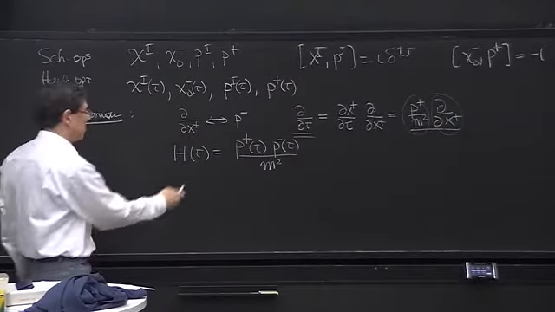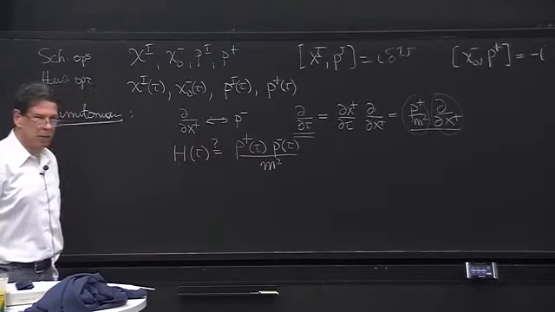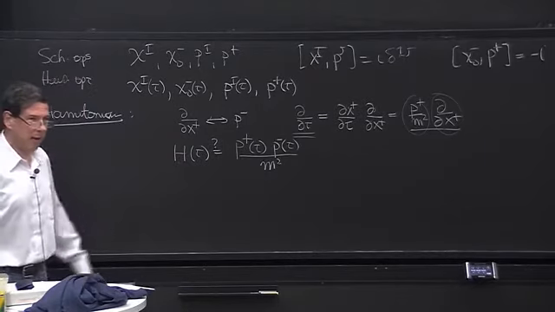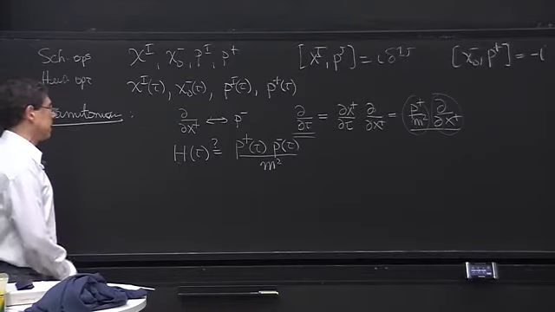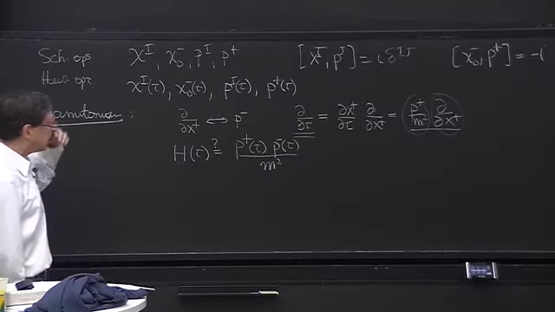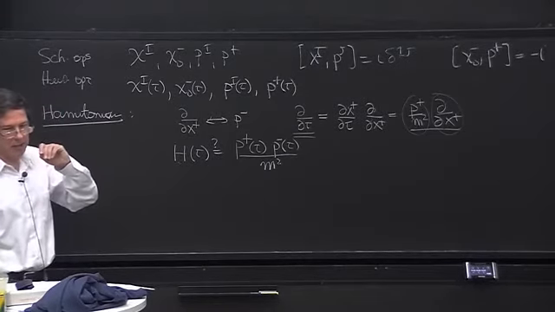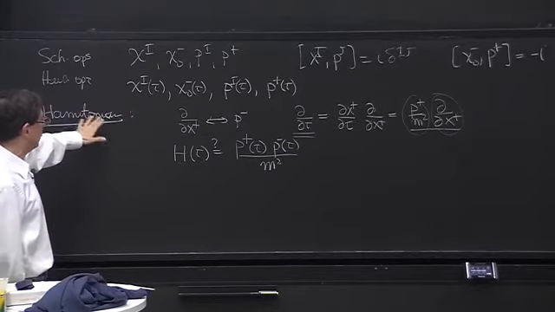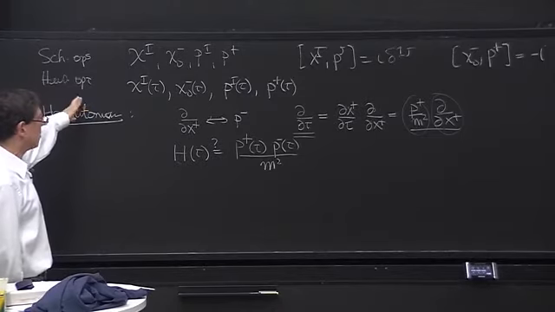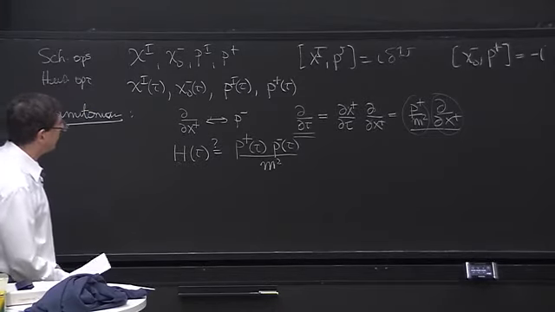So this is like a guess. Our job is to make sure that this does the right things. And it's, as I tend to emphasize, the art of constructing Hamiltonians. Most of the times you really have to try to figure out how to do something that makes sense rather than follow a recipe.